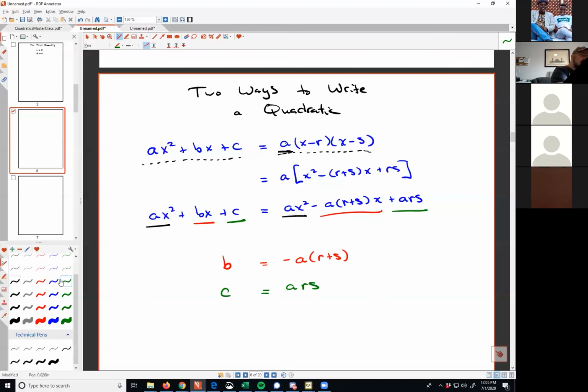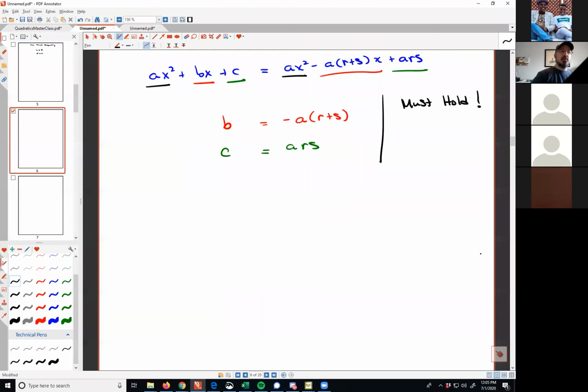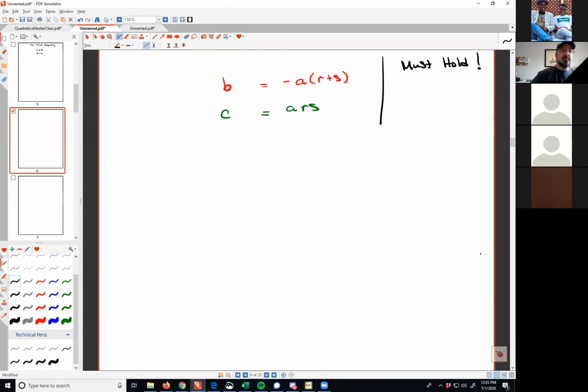Now, these relations, these identities, must hold. These are always going to be true. But here's the thing, we can rewrite them. If we want to isolate the roots and write them in terms of the coefficients, so roots on one side, coefficients on the other, we get r plus s equals, well, we take that first equation and divide it by negative a, and we get minus b over a.